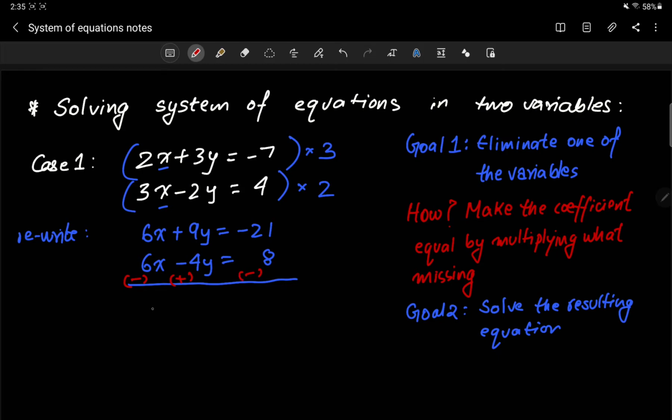So 6x minus 6x is 0, they cancel out. 3y plus 4y is 13y, and negative 21 minus 28 is negative 29. So y comes out to negative 29 over 13. That is half the solution.